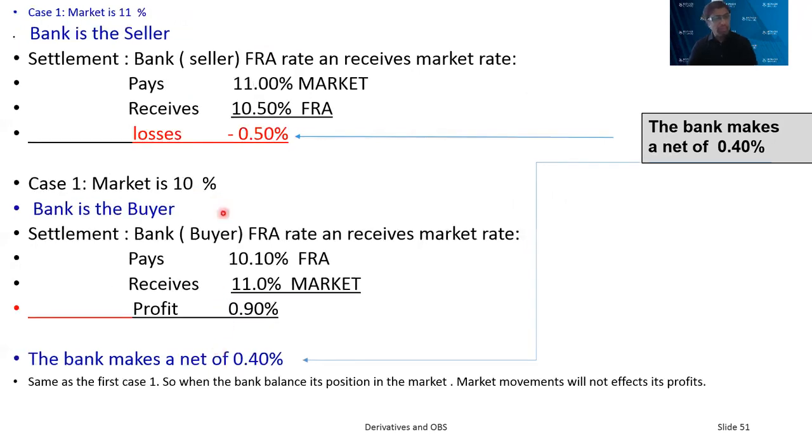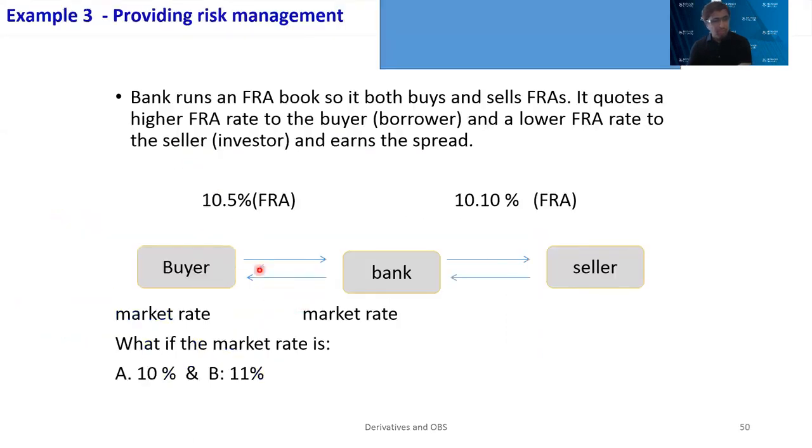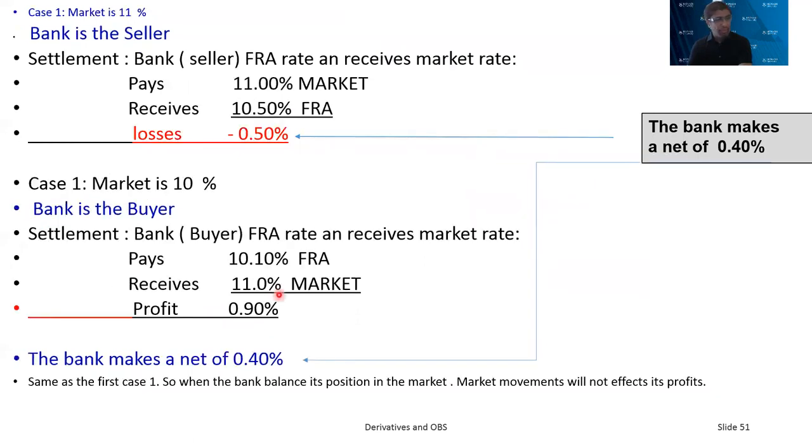What if the interest rate goes to 11%? Now as a seller, he will pay 11%, and of course he will be compensated by the 10.5. So actually he's settling 50 basis points more with the buyer, which is in this stage with this guy. Now let's see what happened to this guy.